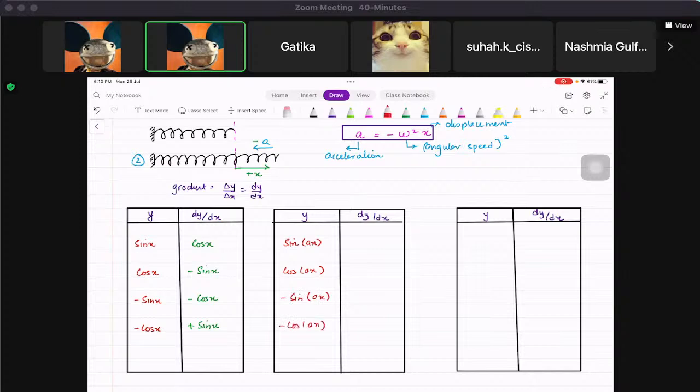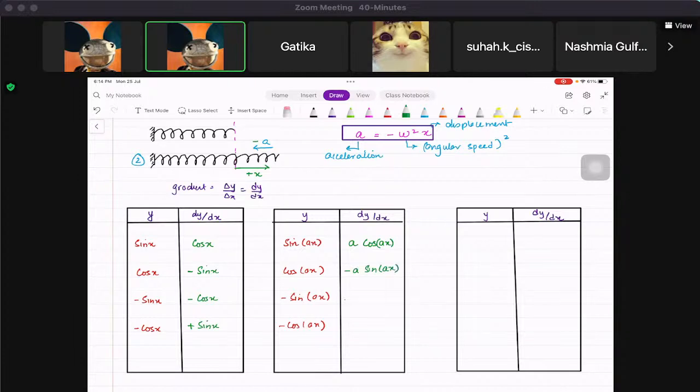Now what you're going to do is, whenever this comes, the constant which is inside is going to multiply outside. So we're going to write a and then convert it to cos ax. That would be the function, right? Like this. And then cos would be minus a sine of ax.